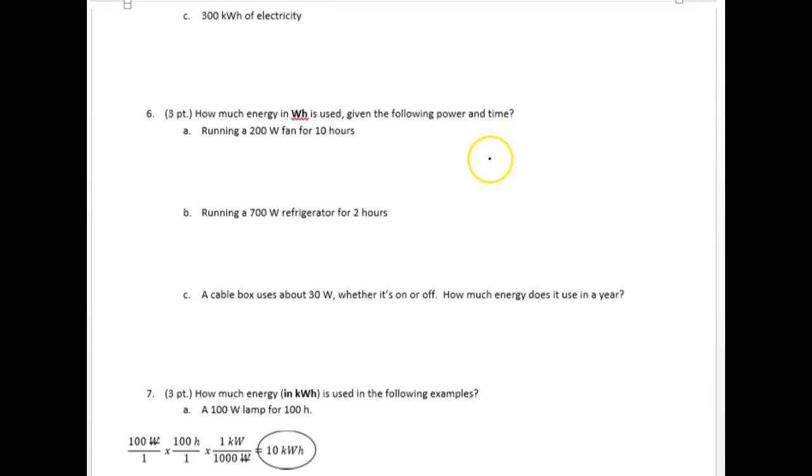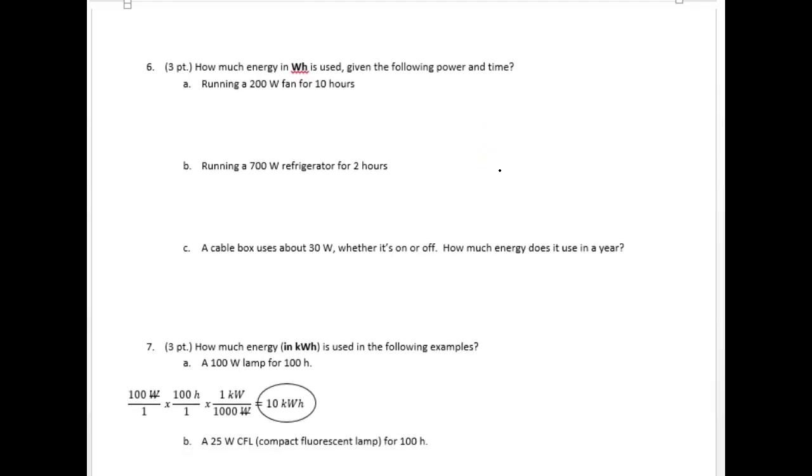So we'll do one more real quick here. So this is involving energy, power, and time. Okay, so remember our equation is that energy is power times time, okay, and power is energy over time. So in this case, I want to know my energy in watt hours given the following power and time.